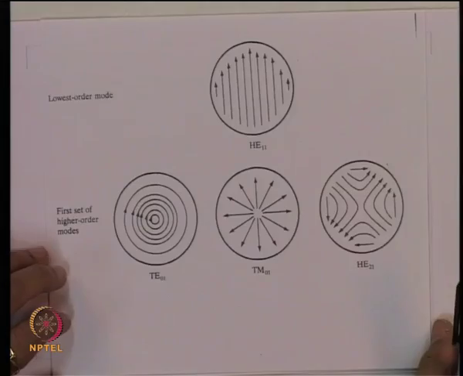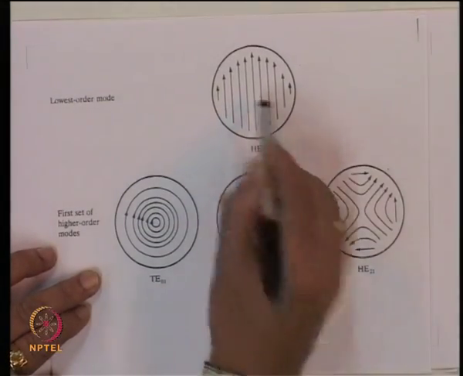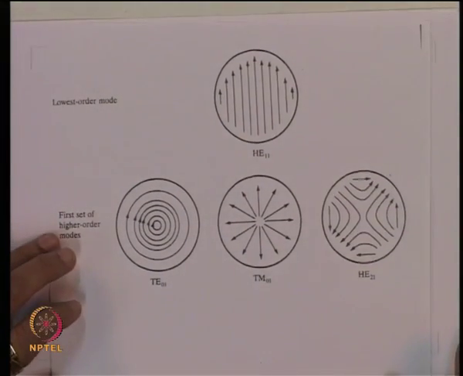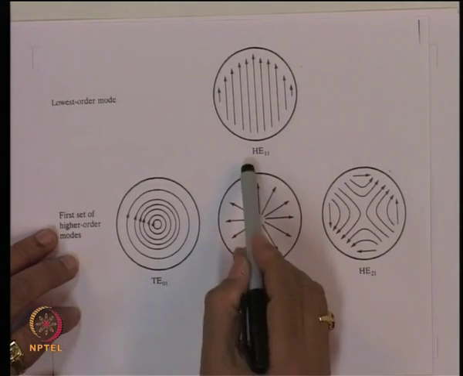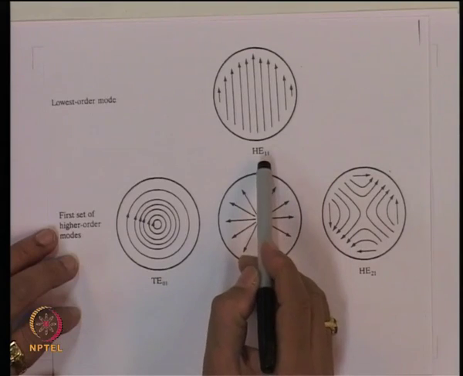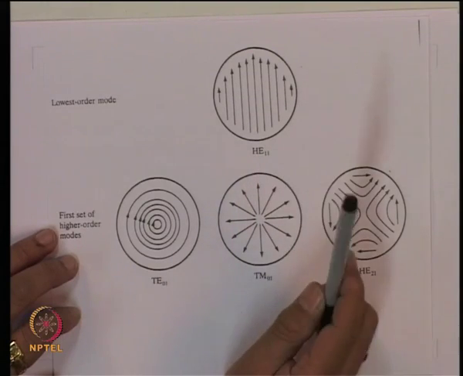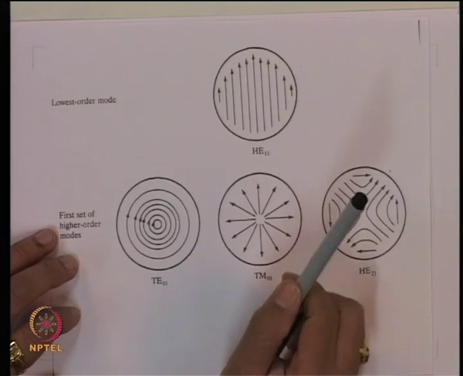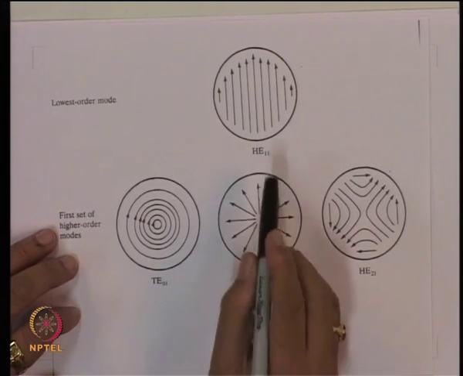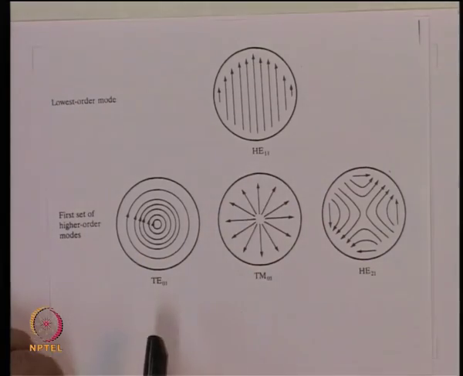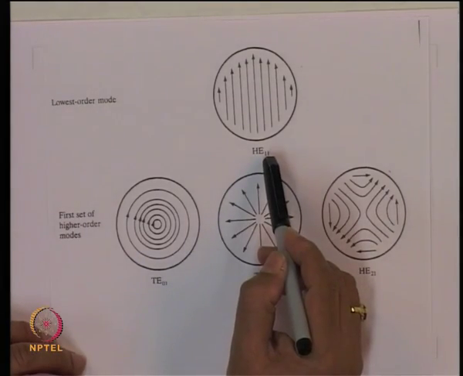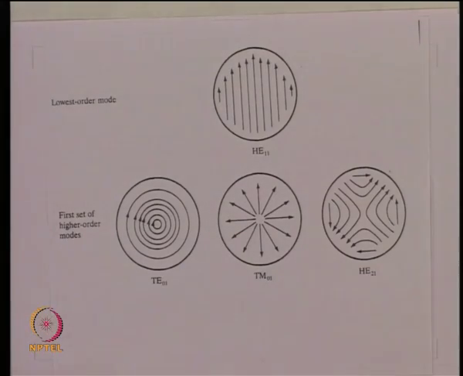Let us understand how the two indices are giving you this field. As the name suggests, this is the hybrid mode, and the first index gives me a field variation in the phi direction, and the second index gives me the field variation in the radial direction, and if the second index is 1, there is no zero crossing in the radial direction.